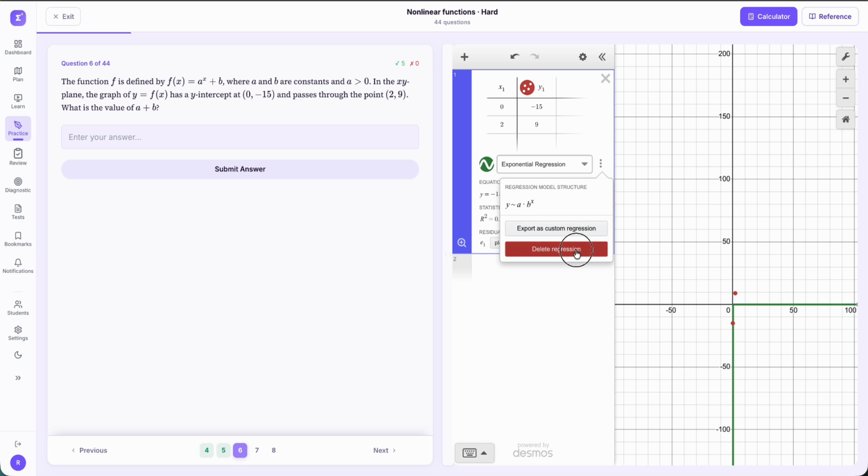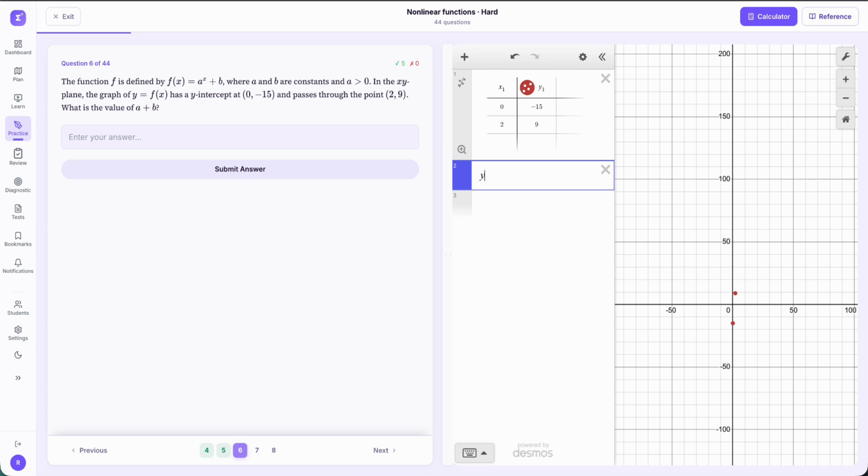Well, you could just write your own equation. This equation is basically a x plus b. If you want to do a regression, there are a couple of changes you make. Instead of writing x and y, you write x1, y1, because that's what the table has. Then instead of an equal sign, you use the tilde, the key next to your exclamation mark and the 1 key, to the left of that.